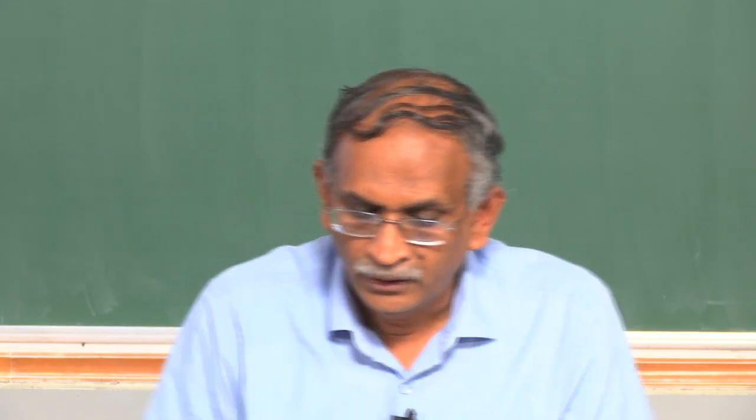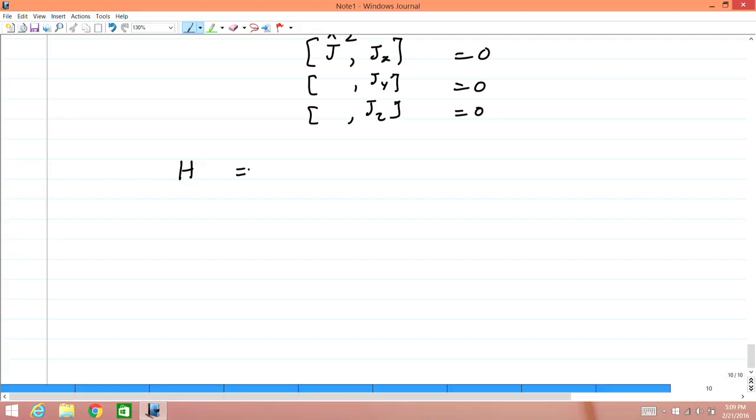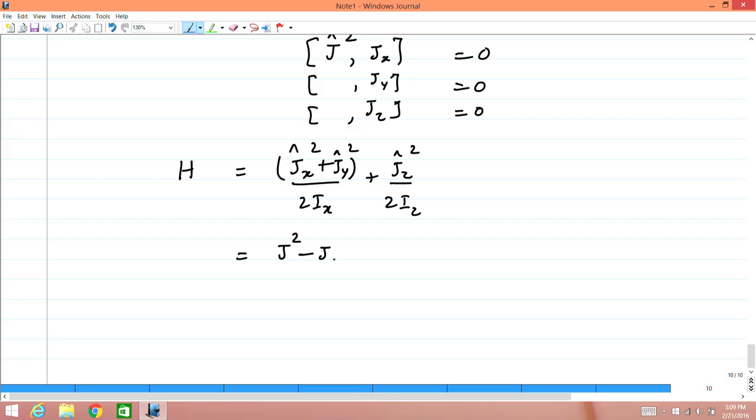Given that, when you write the Hamiltonian for this system, the symmetric top, particularly when you write it as Jx square plus Jy square by 2Ix and Jz square by 2Iz, you replace this combination by the total angular momentum square minus the z component square, divided by 2Ix, plus Jz square by 2Iz.